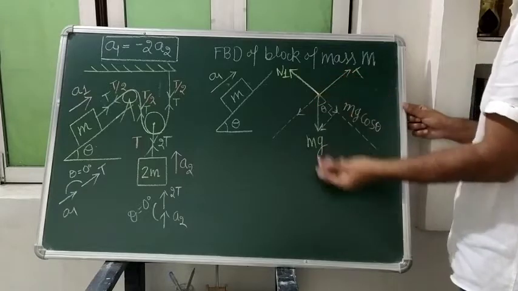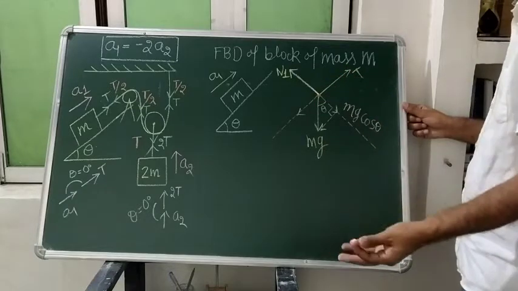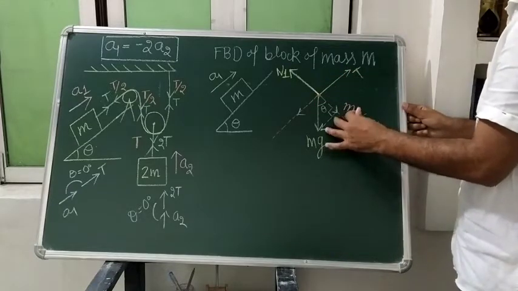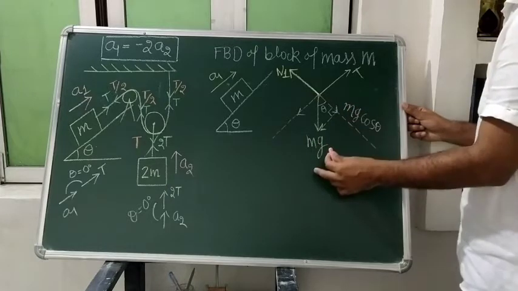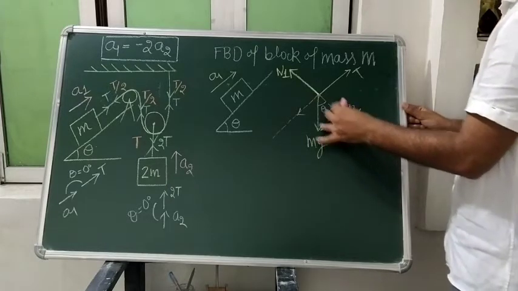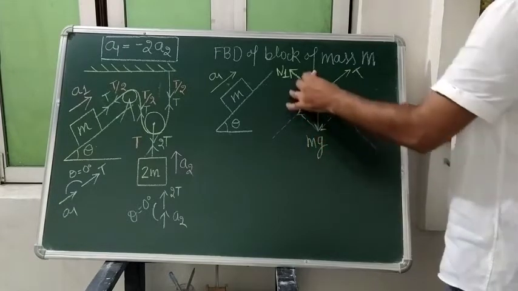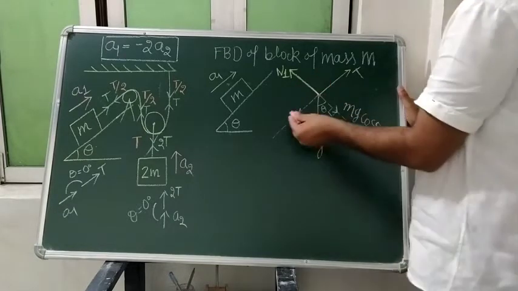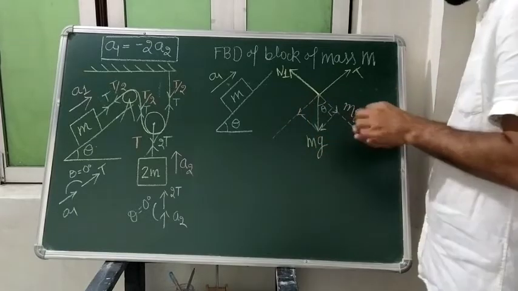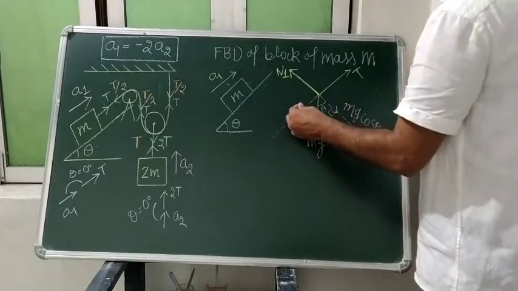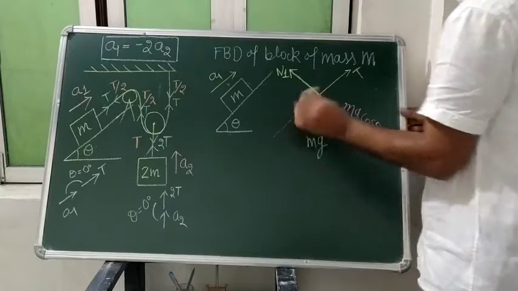On the base side, what will we get? Mg cos theta. We have seen that. On the perpendicular side, what will come? Mg sin theta. So mg sin theta, I am shifting here. We can shift it, they are parallel to each other. So here the direction will be like this. Okay?